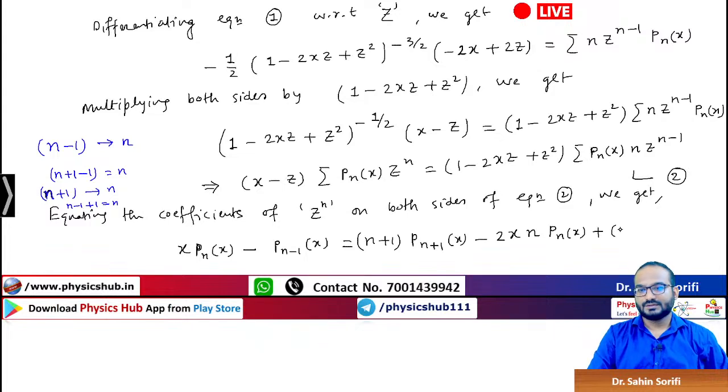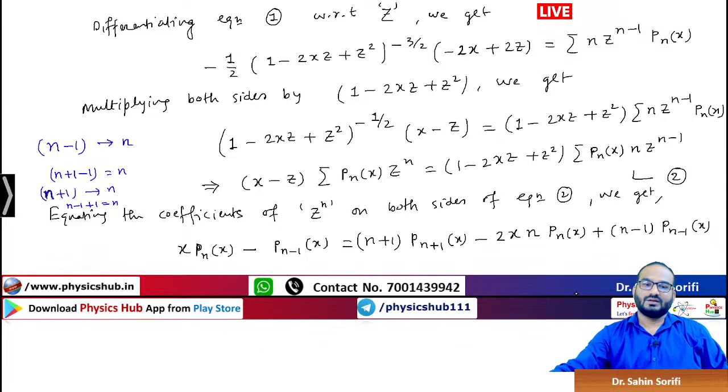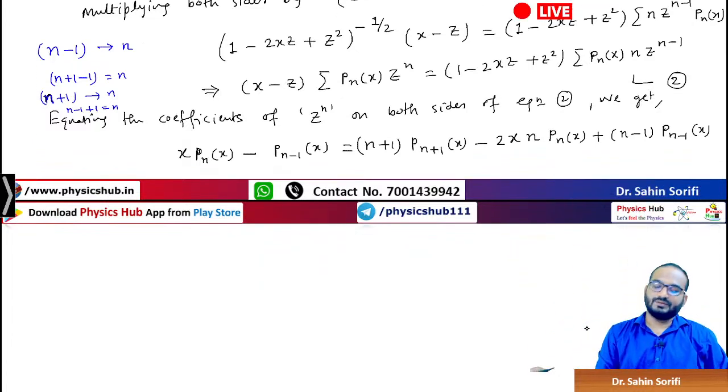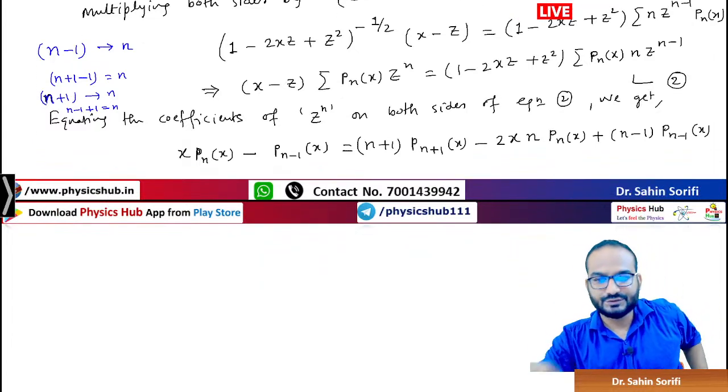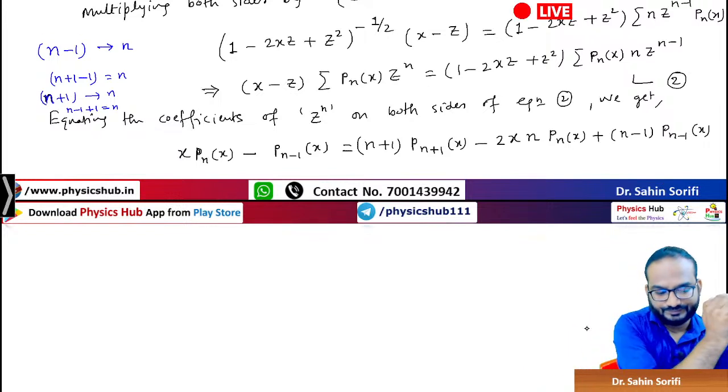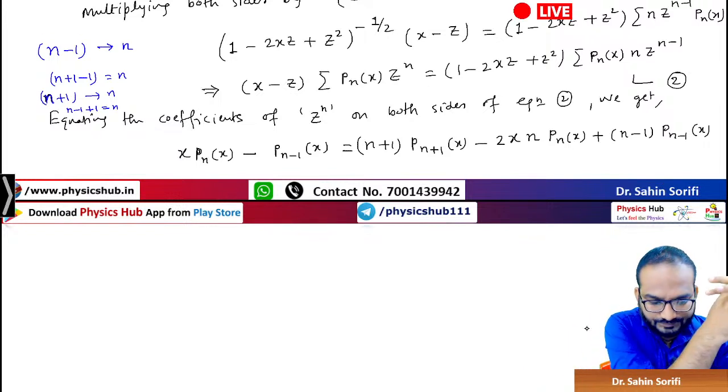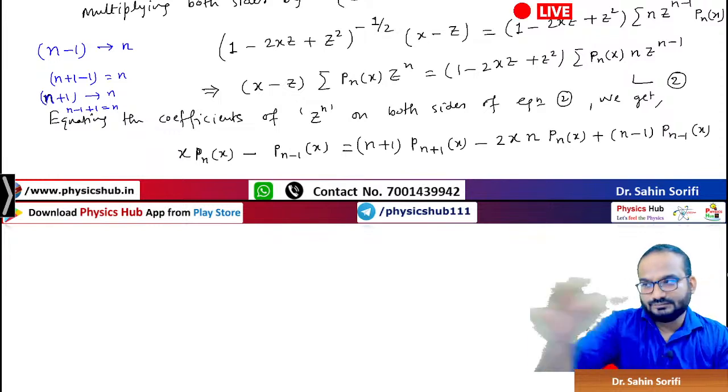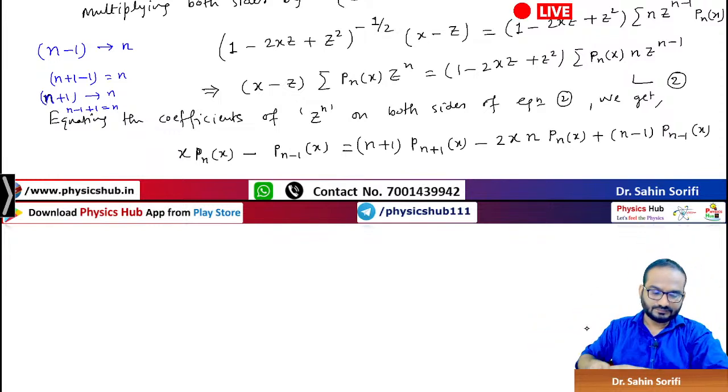Plus n is n minus 1 P n minus 1 of x z to the power n. Now tell me if everybody has understood the last line. Last line everybody understood?